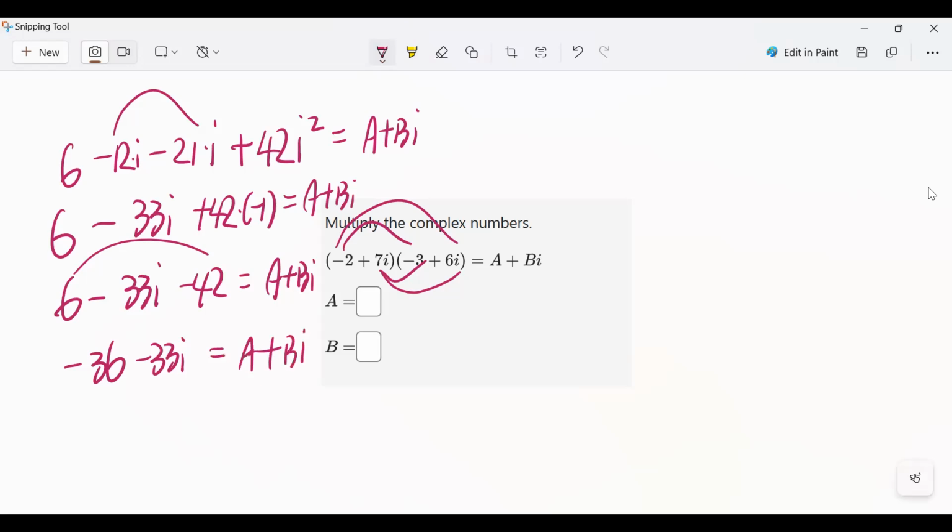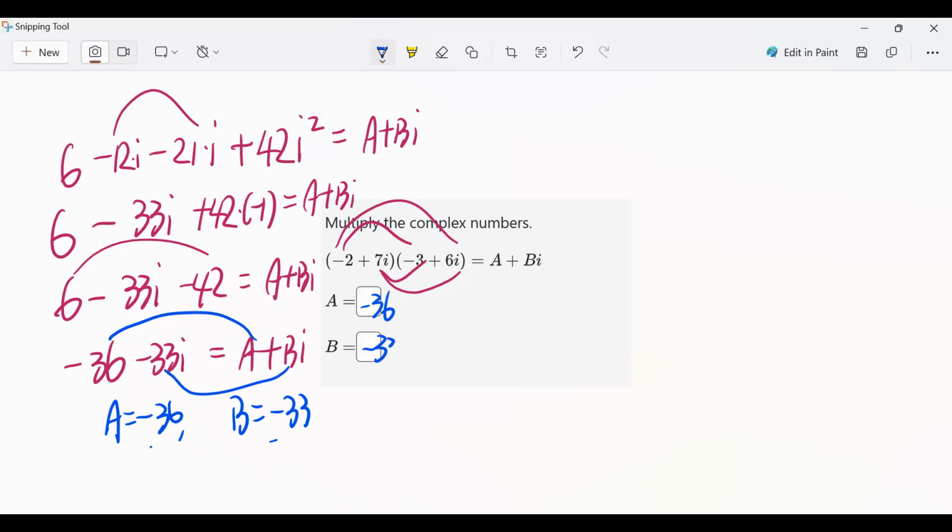Now A should be negative 36. B is minus 33. Okay. So minus 36 and then minus 33.